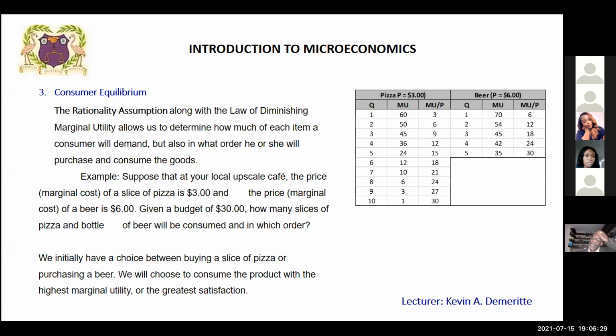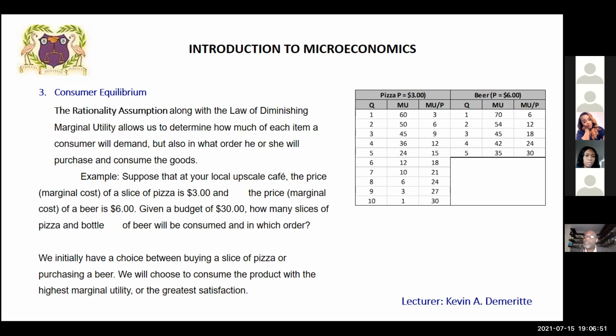All right. And what we have on the table to the right is a table of pizza price of $3, beer's price of $6, and quantities of pizza and beer. All right. And we find that the marginal utility of that first slice of pizza is 60.